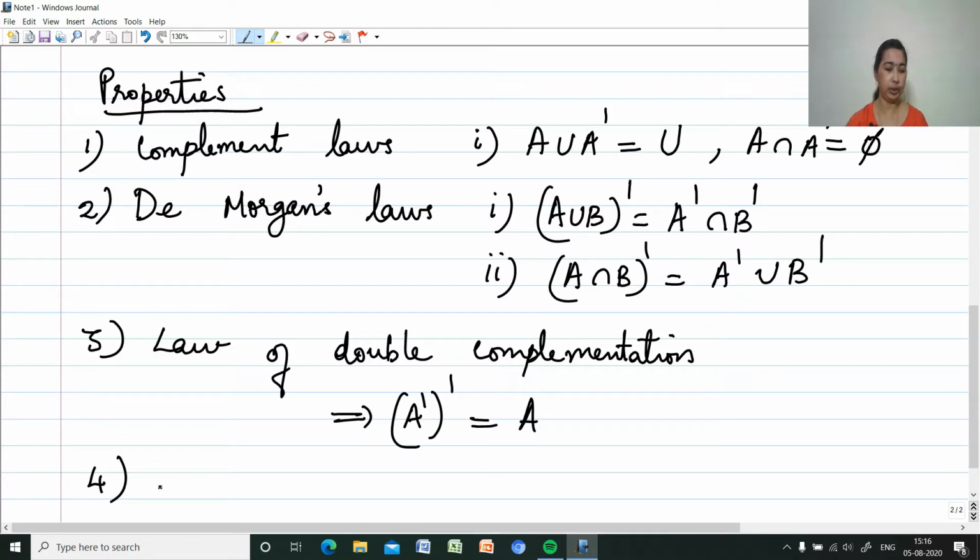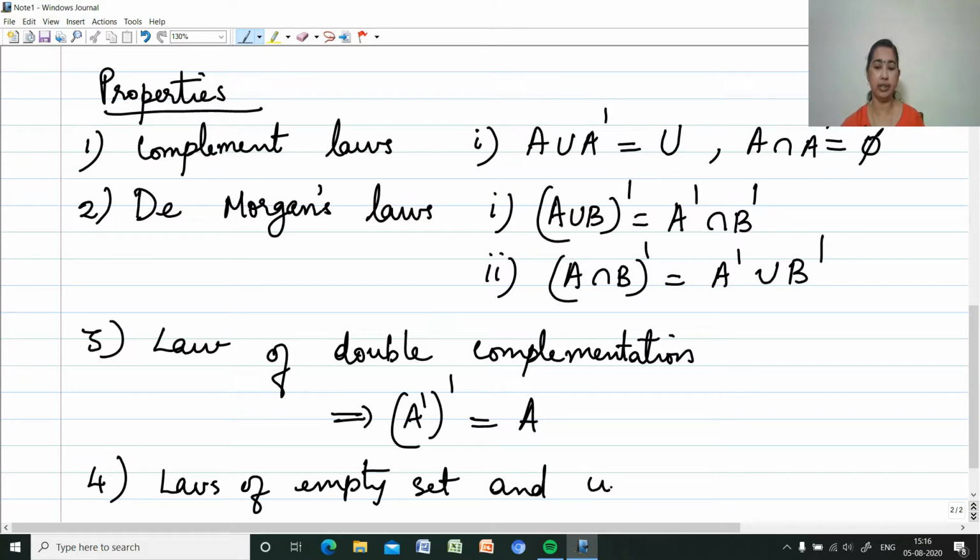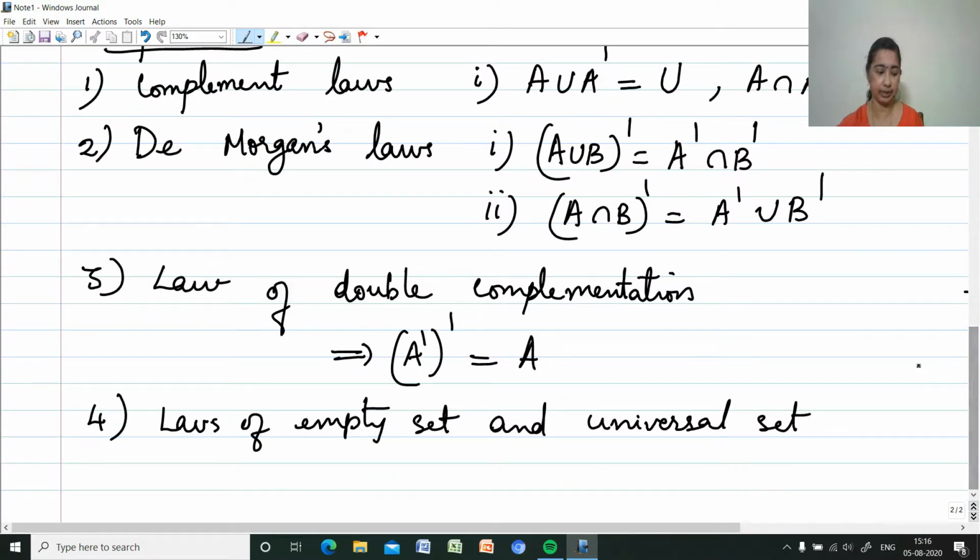And the fourth one is the laws of empty set and universal set. That means the empty set complement is equal to the universal set, and the universal set complement is equal to the null set or empty set.